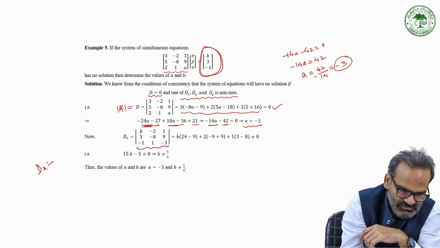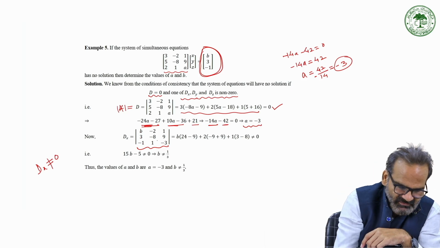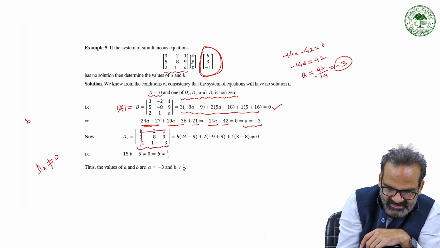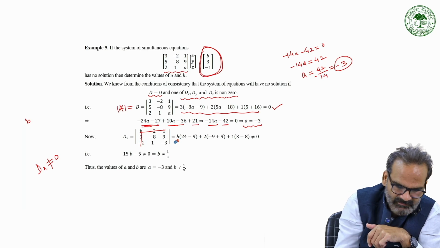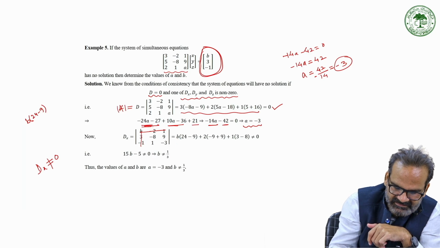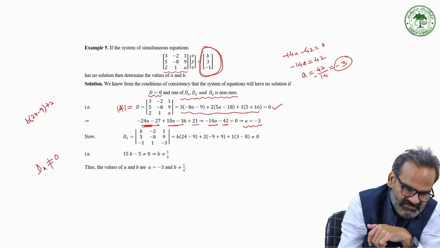Dx should not be equal to 0, and simplify this. See, what is this here? B. Delete the row and column in which B lies, right? What will you get here? 8 into minus 3, 24 minus 9, right? Second is what? Minus 2. So minus minus plus 2 is here.